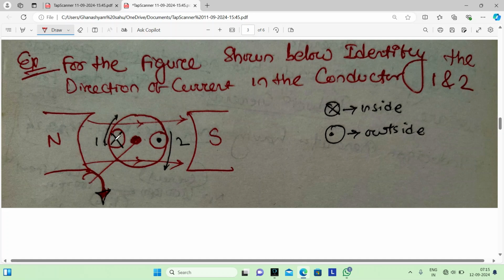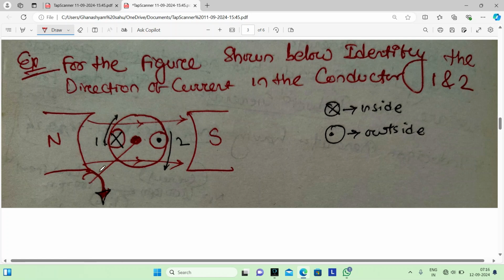There are two conductors, the red round shapes. The cross and dot signs are not given in the question; I have mentioned them here for easy understanding. Only the direction of rotation and the flux direction are given. The direction of rotation means it will rotate clockwise, and the flux goes from north pole to south pole.